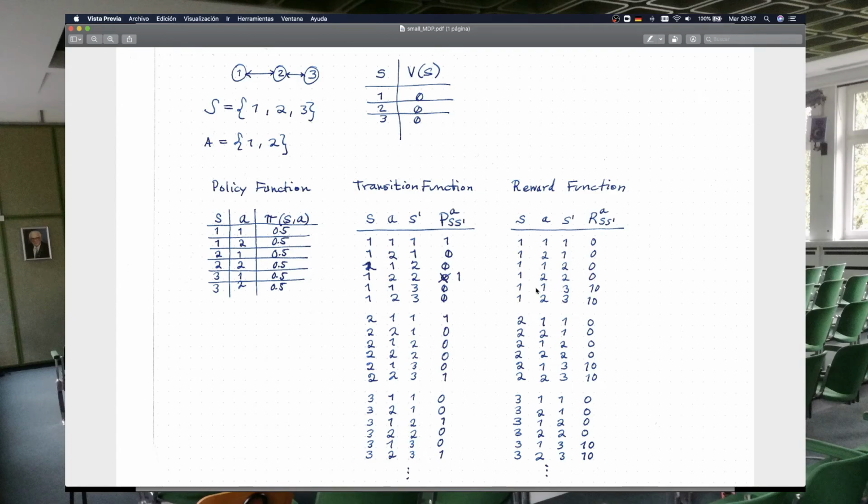Now there are some of these entries with reward 10 that are impossible to occur. Like in these two cases, I'm saying if the agent is in state 1 and moves into 3, it will gain 10 points. But we know from the dynamics of this MDP that from 1 it's impossible to get to state 3 directly. First you would need to go to state 2.